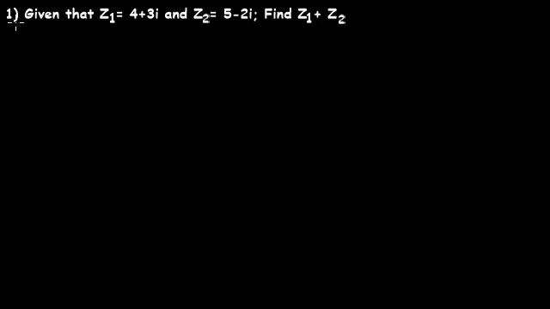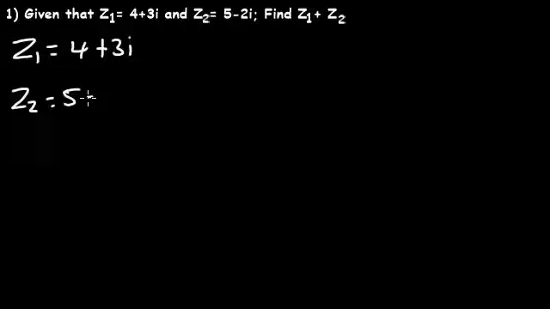If you know what to do already, feel free to pause the video and figure this out yourself. After that, you can unpause it and check if you have done the right thing. So let's begin. z1 is 4 plus 3i and z2 is equal to 5 minus 2i. The goal is just to find the addition of these two complex numbers.